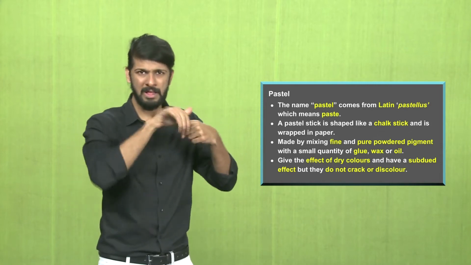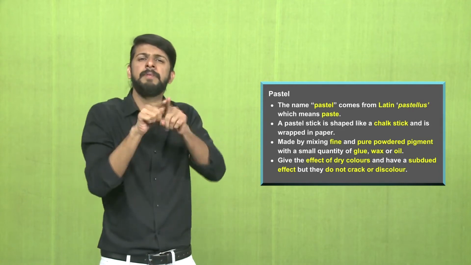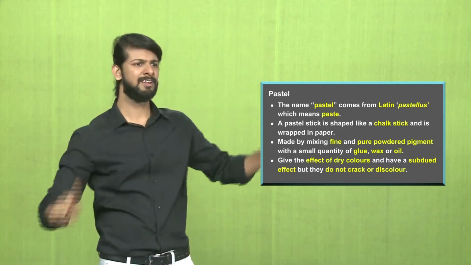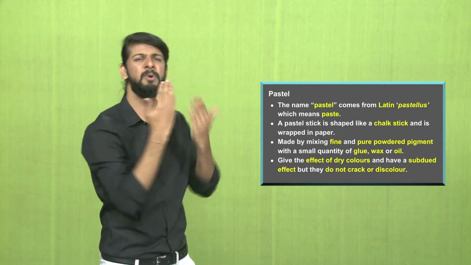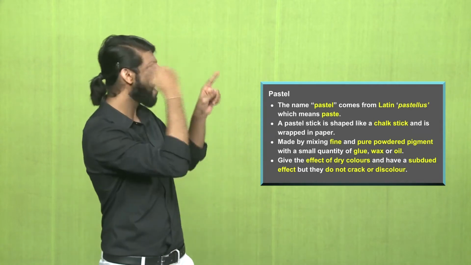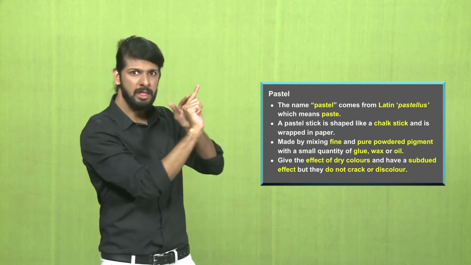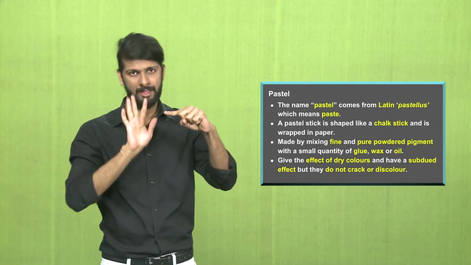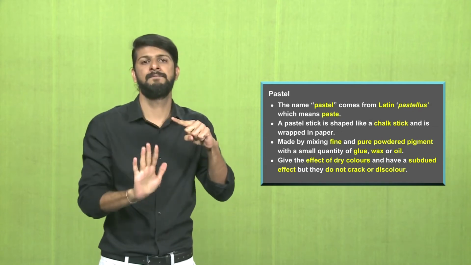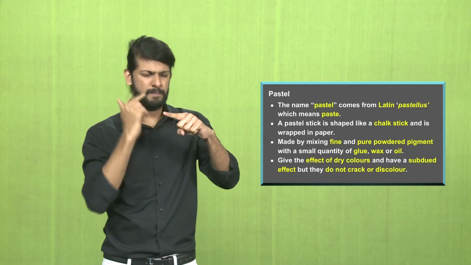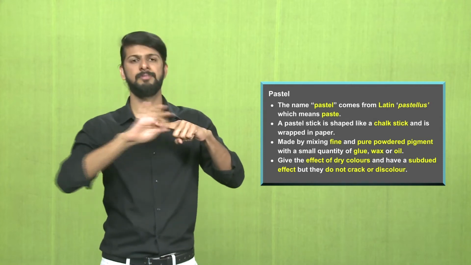The pastel stick is shaped similar to a chalk stick. You would know what a chalk is. In school, teachers use white chalk to write on the blackboard, but a pastel stick is wrapped in paper.